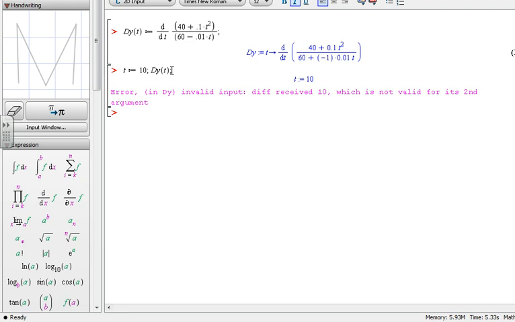Error. Error. Error. t is equal to 10. An invalid input. Received 10, which is not valid for the second argument. Okay, we'll try again. Boom.